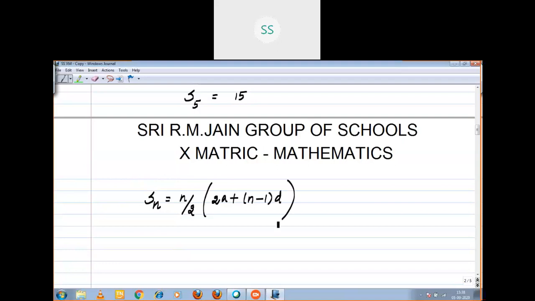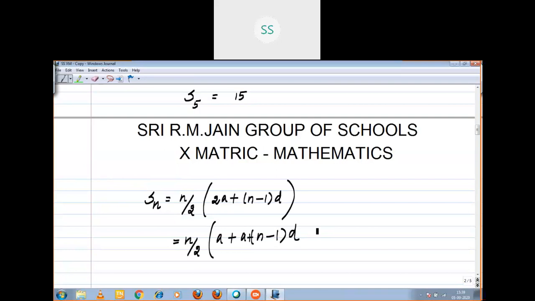If the series is such a lengthy one, that time the mathematician introduced Sn equal to n by 2 into 2a plus n minus 1 into d. Another formula is also there, n by 2 into a plus a plus n minus 1 into d.